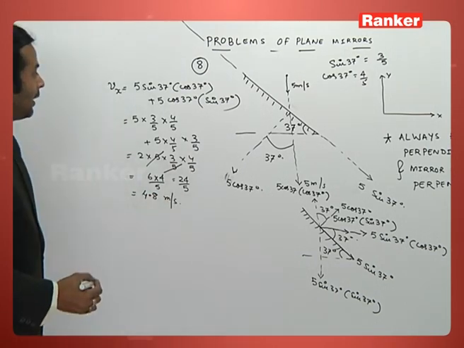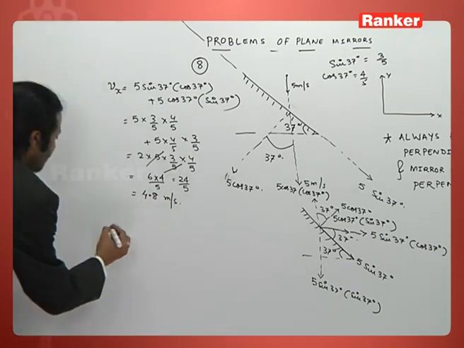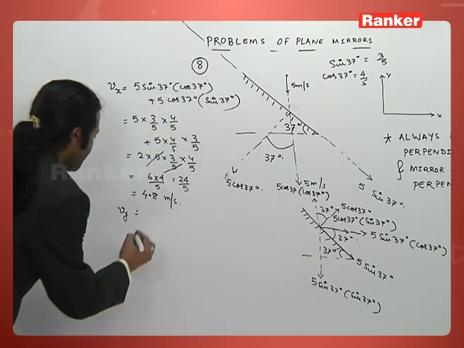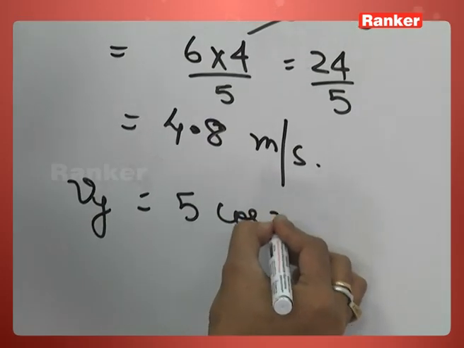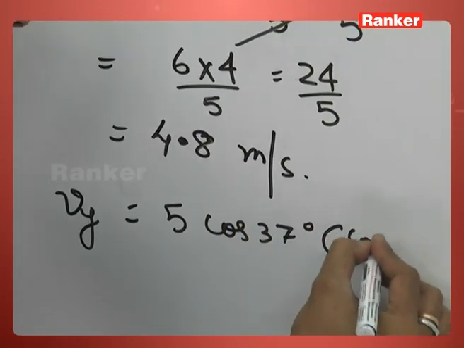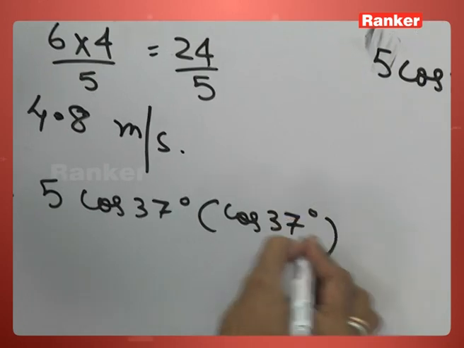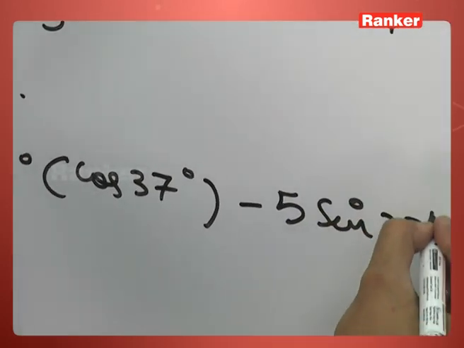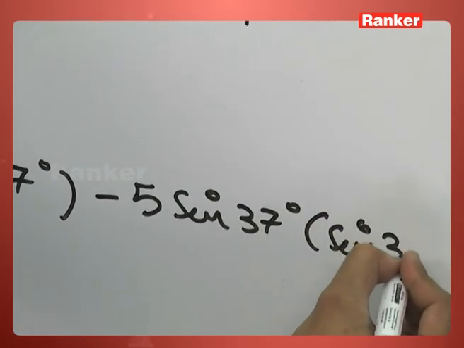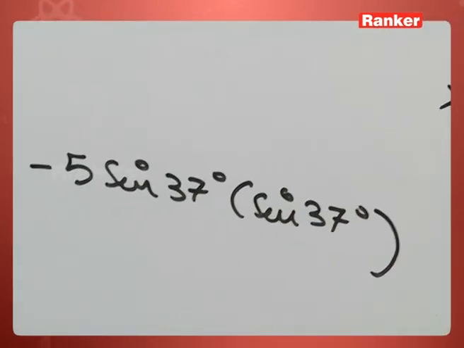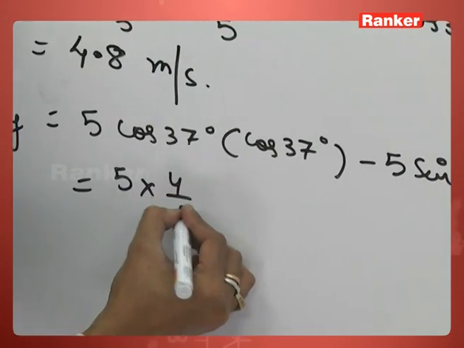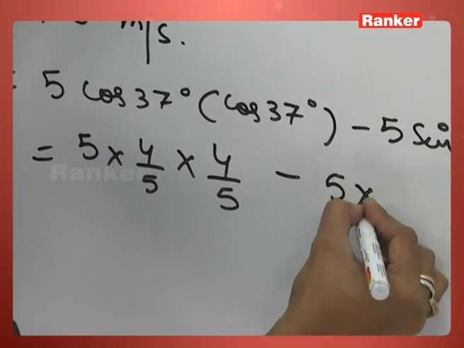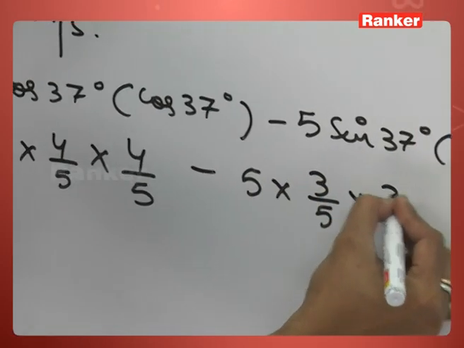Let us go with the y component. So here Vy will be written as 5 cos 37 into cos 37 minus 5 sin 37 into sin 37. So this becomes 5 into 4 by 5 into 4 by 5 minus 5 into 3 by 5 into 3 by 5.